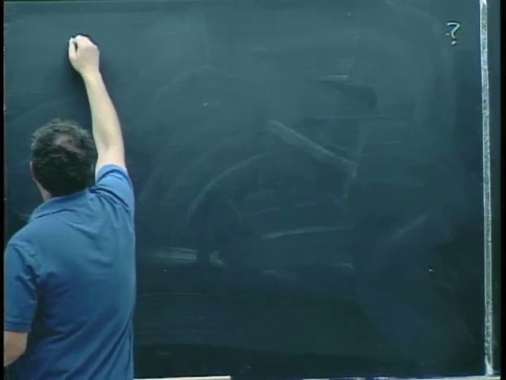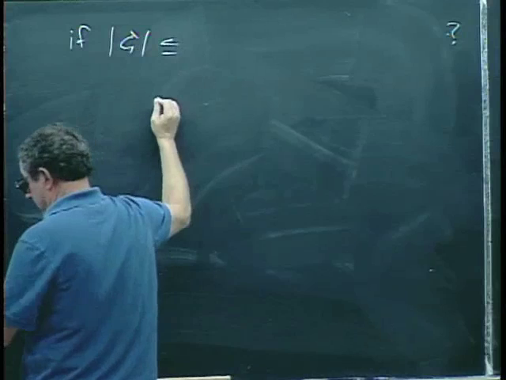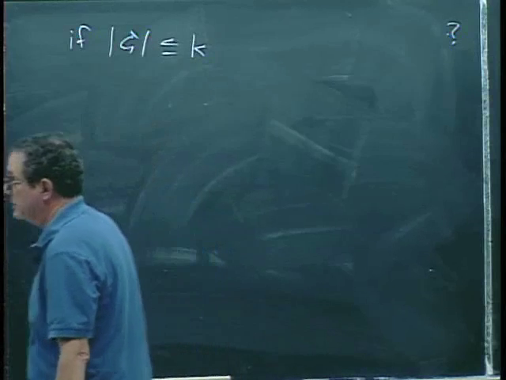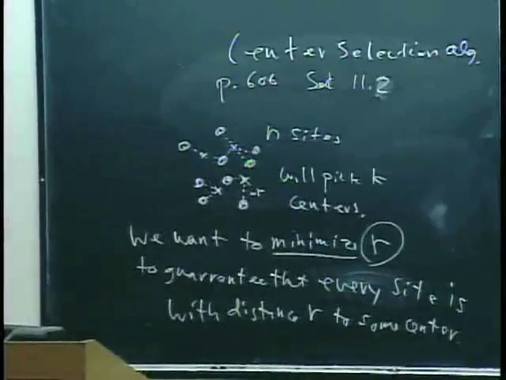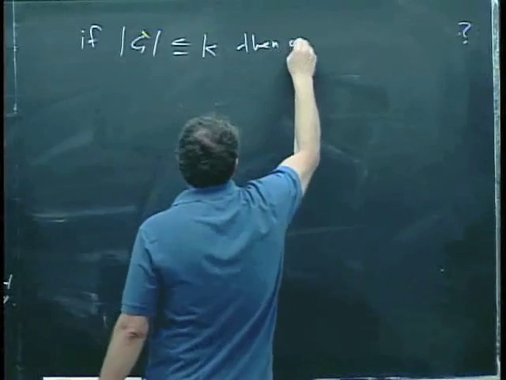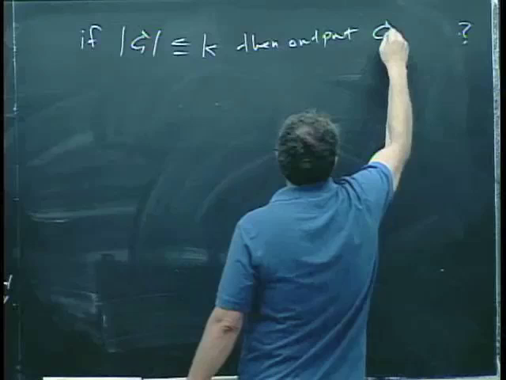And then, as part of the algorithm, if the number you picked was less than or equal to K, okay, that's the number of centers you're allowed to pick, then output that set.